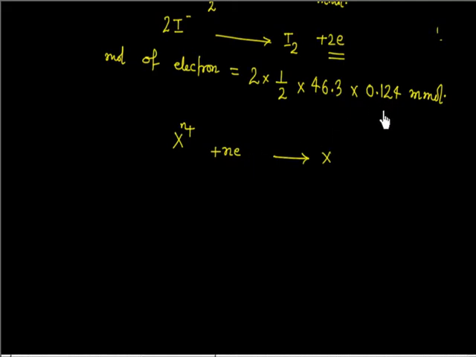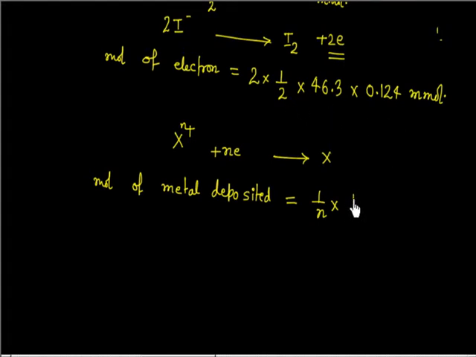If this is the mole of electron, what is the mole of metal deposited? n moles of electron deposit 1 mole, so the mole of metal deposited is 1 by n times the mole of electron, and mole of electron is this value.